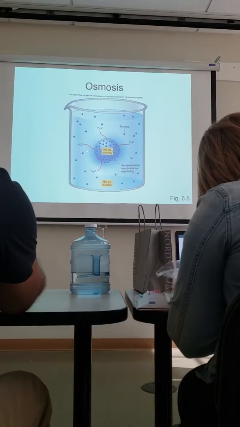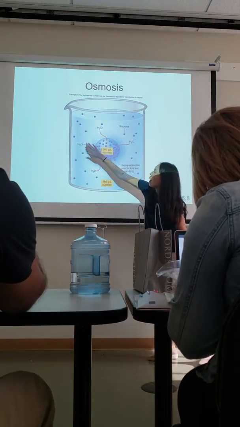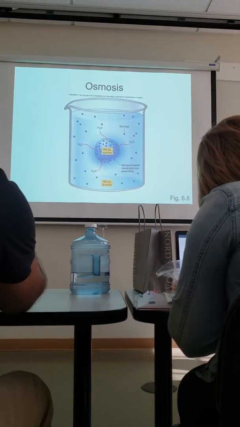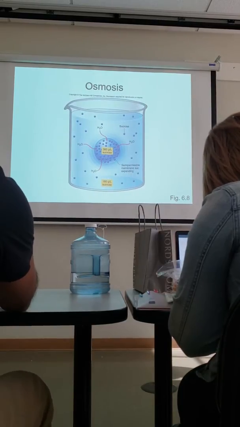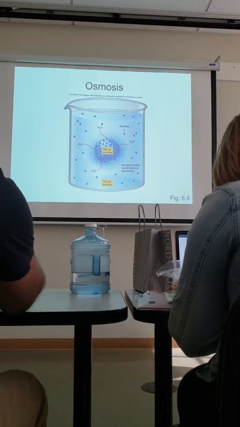Again, if there's a high concentration of sugar, or the solutes, that means there's low water concentration. So inside the sac is low amounts of water. Outside the sac are high amounts of water. So what do you notice about the direction of water movement here? Into the sac. Yeah. The water is all moving inside. Right? So again, from high to low.